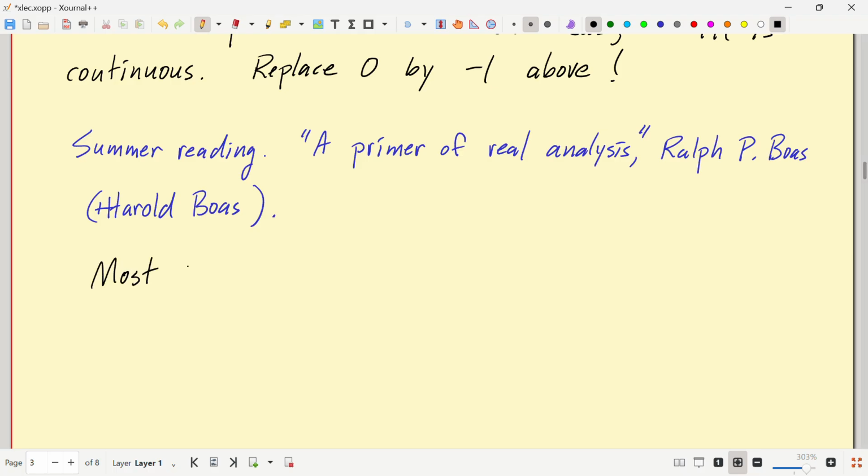They show, using something called Baire category, that most continuous functions are nowhere differentiable, and they say exactly what they mean by "most." Most continuous functions are nowhere differentiable.